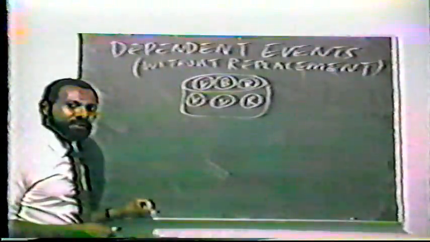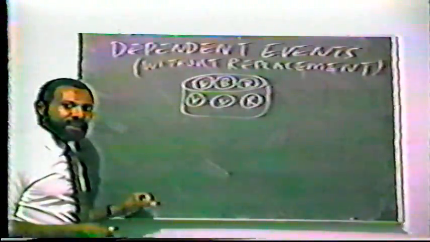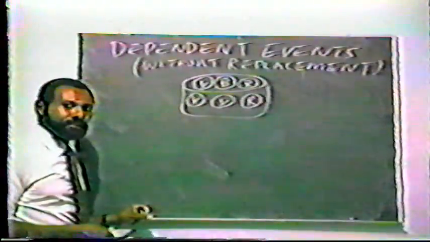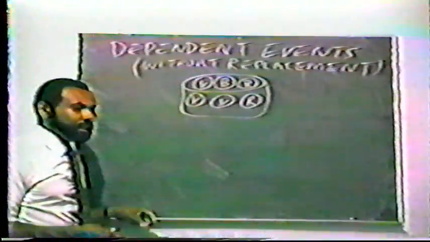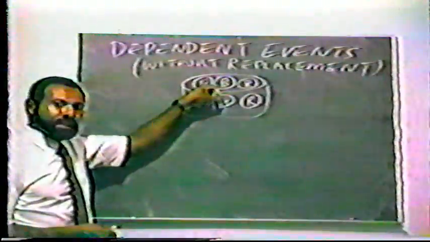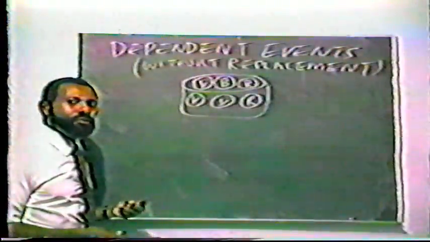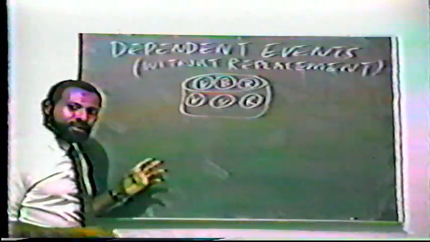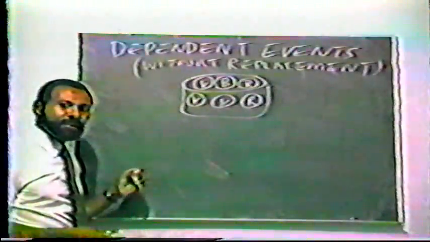It will not have another chance of being selected for my sample. I do not put it back in. If I reach in the container again, take out another ball, I do not put that ball back in. In this situation, we have dependent events.